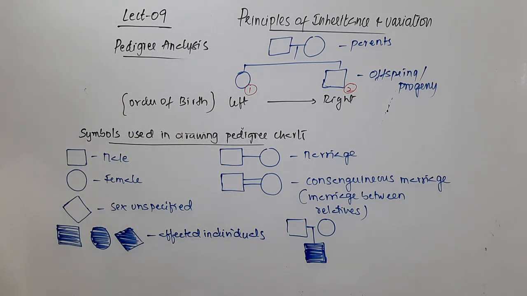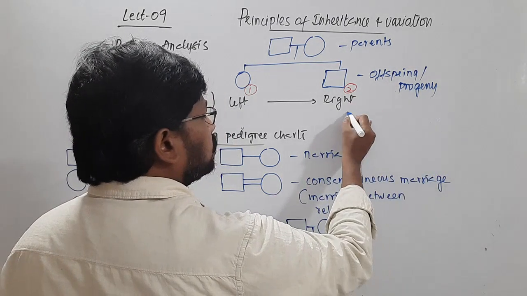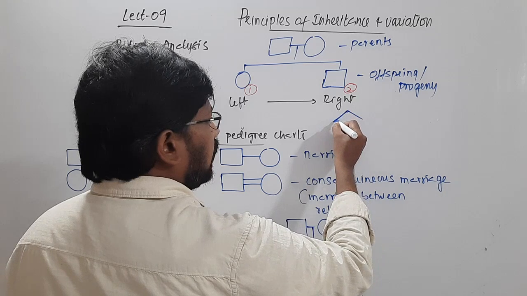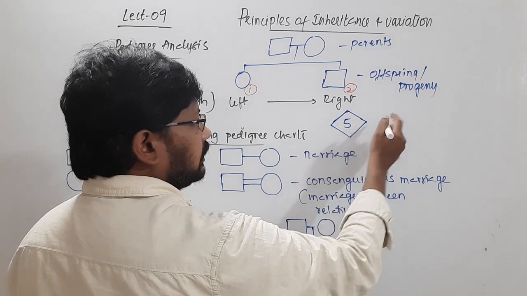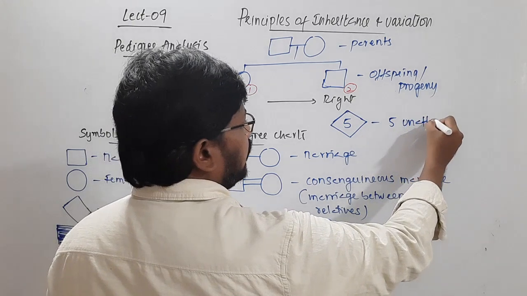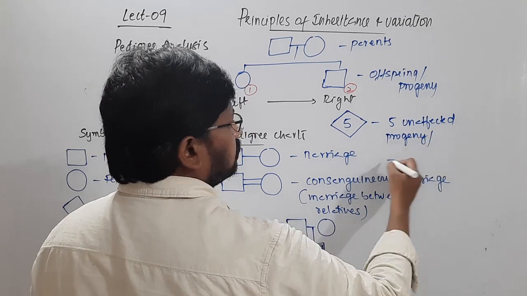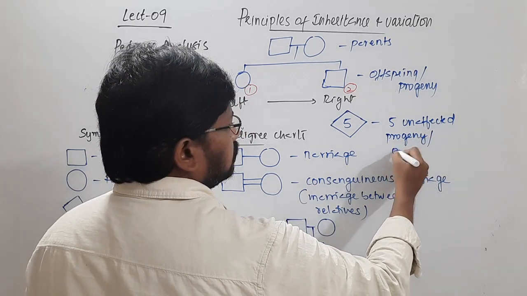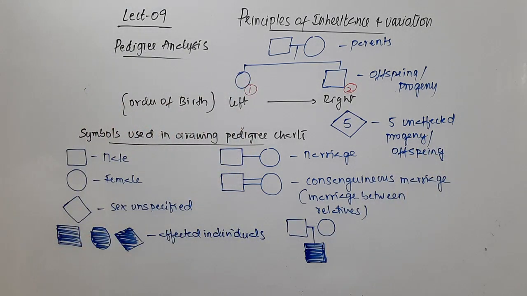And if I put a number here, it indicates 5 unaffected progeny or offspring.